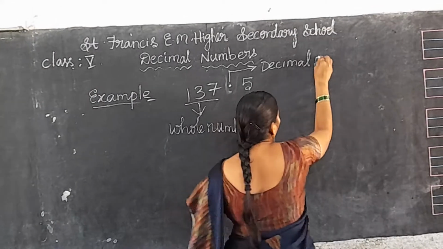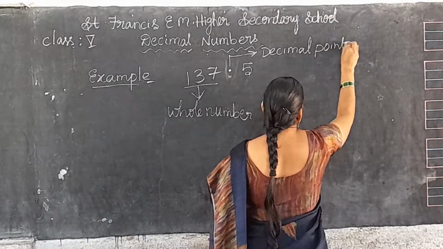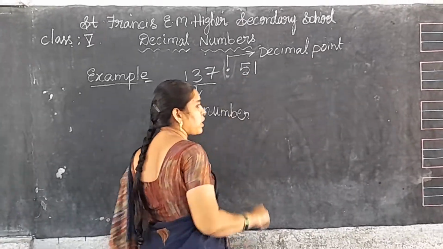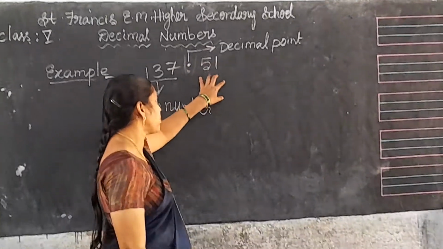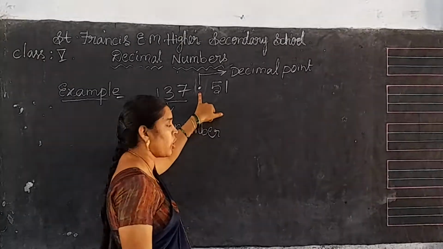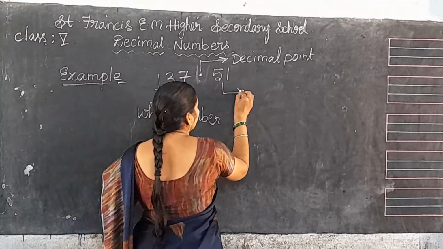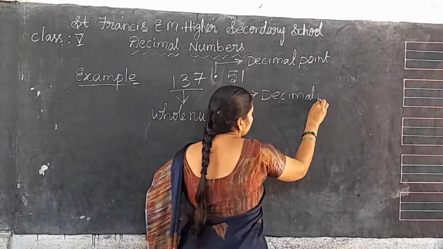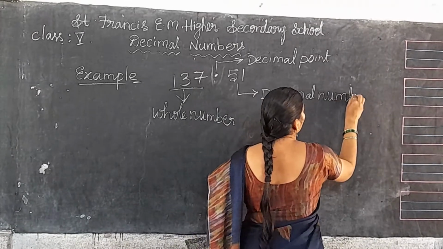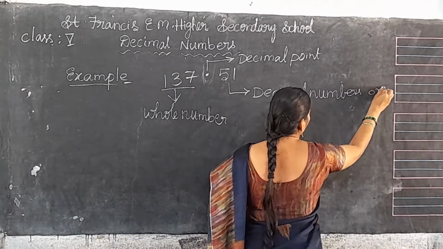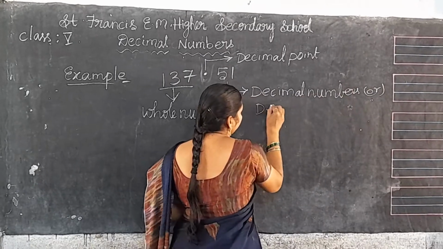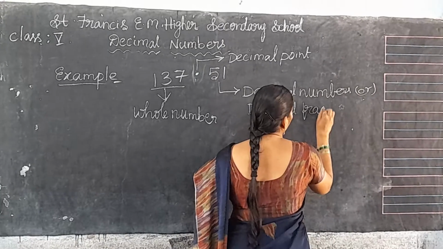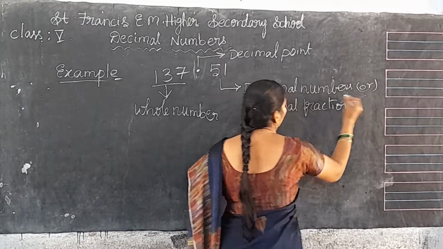We are separating the whole number and decimal numbers by using a dot. And this is called decimal numbers. This is also called decimal fraction. Okay?